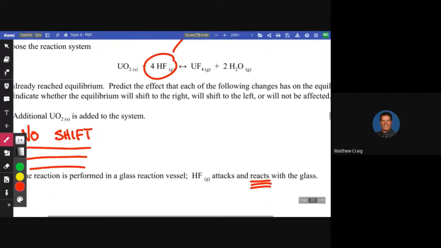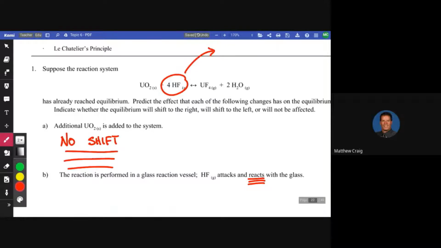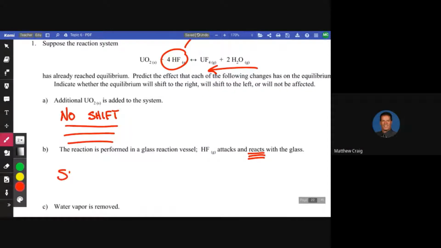So we're actually removing some of the HF. So which direction will it shift if we remove some of the HF? That is correct. It will shift toward the removal. And in this case, the reactant is the thing being removed. So shift left.